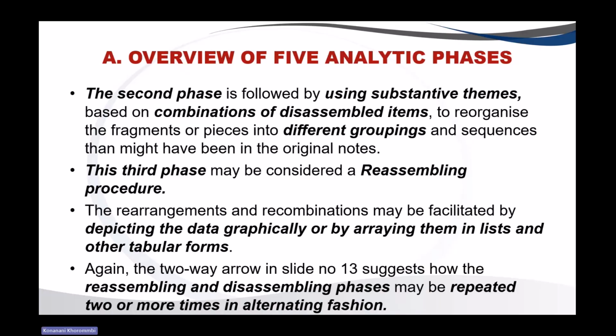This second phase is followed by using substantive themes. So the substantive themes are based on combinations of disassembled items to organize the fragments or pieces into different groupings and sequence than might have been in the original notes. You see now, in the original notes, remember, you're writing things that a respondent is telling you.